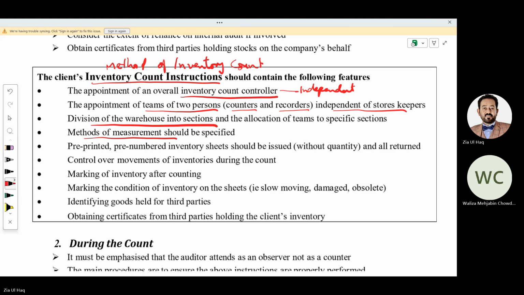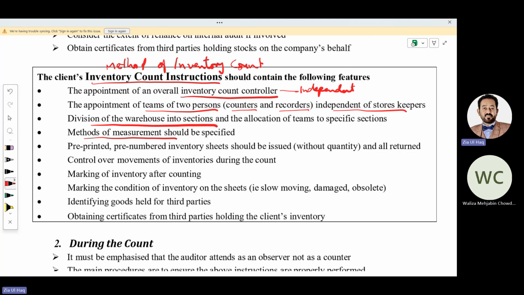The method of measurement should be specified, especially if the company has inventory of oil, for example a petrol station, measured in liters. Gas reserves could be measured in kgs, or eggs can be measured in dozens.